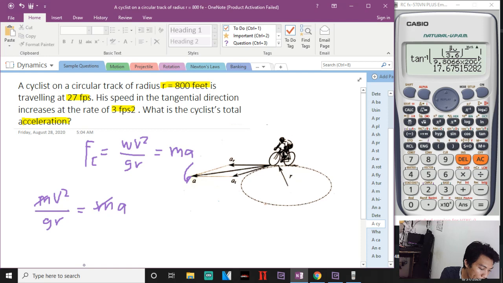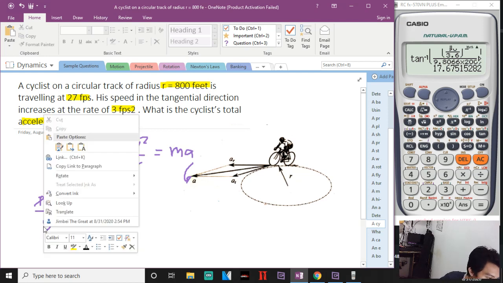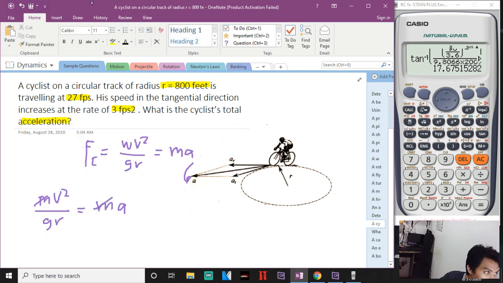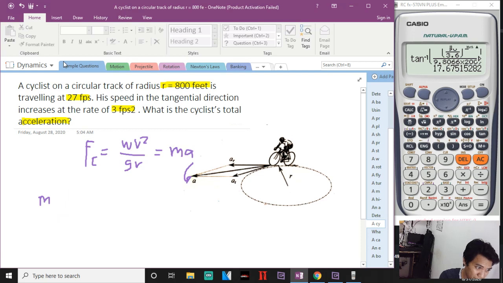Okay? m na pala. Tanggalin na. Equal natin. Diba ito?